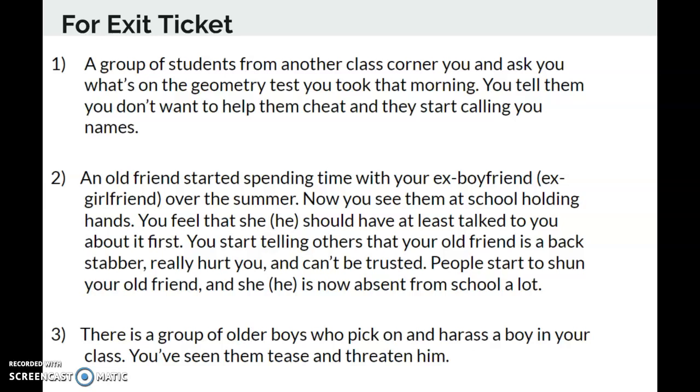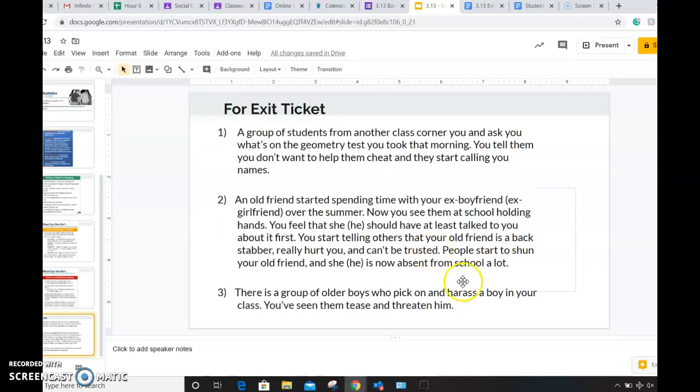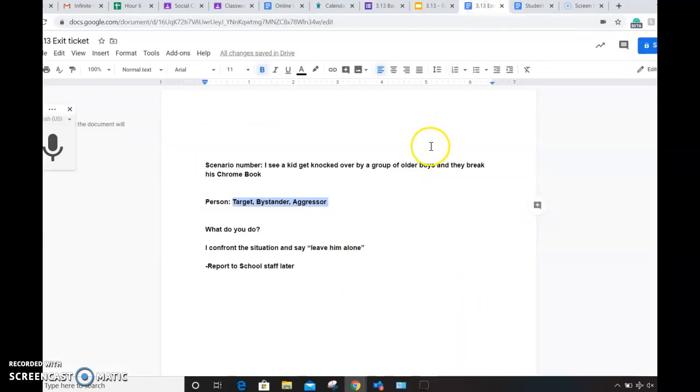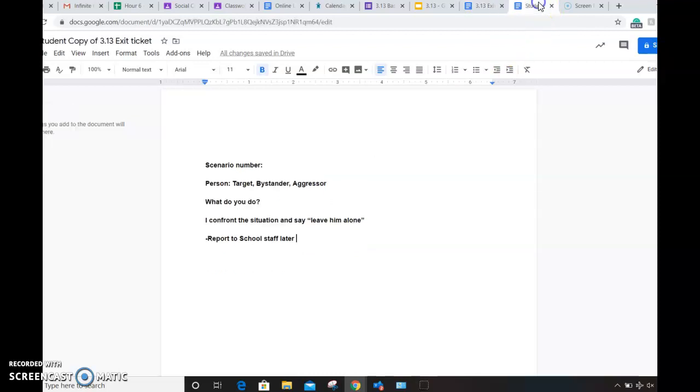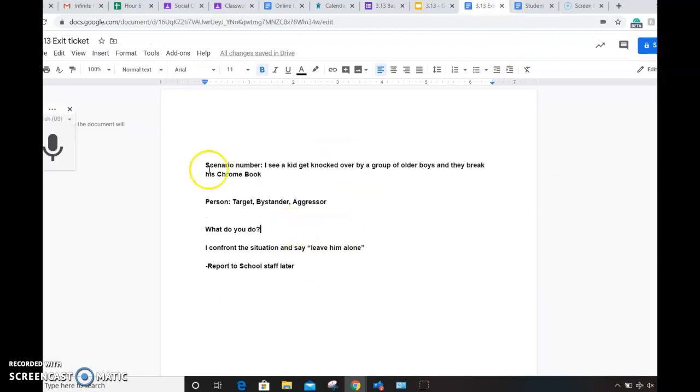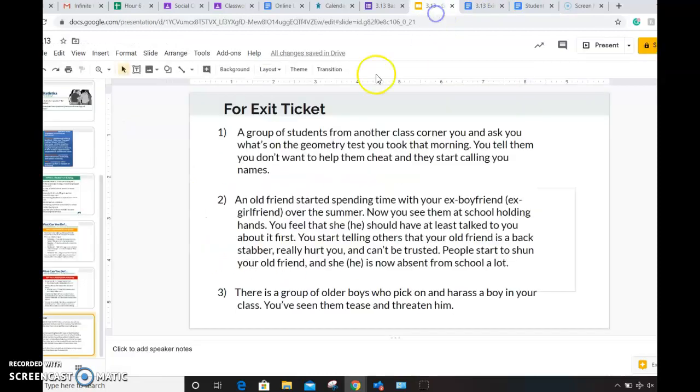So for the exit ticket, these are the scenarios I want you guys to focus on. Here's what the exit ticket looks like. I just made up my own scenario here, but you can choose from one of these.